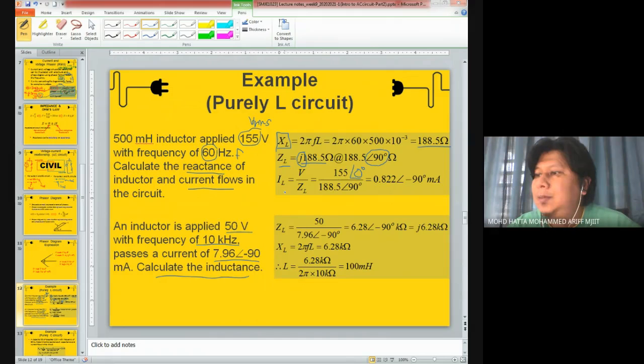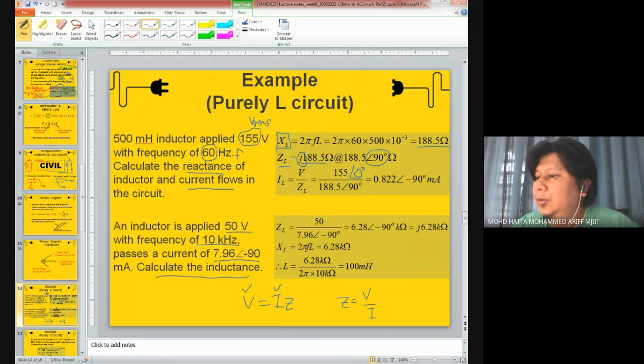In this example, we just rearrange our Ohm's law equation, where Ohm's law gives us V equals IZ. Since we know the voltage value, and also the current in vector value, we can always calculate Z, which is given by V divided by the current.